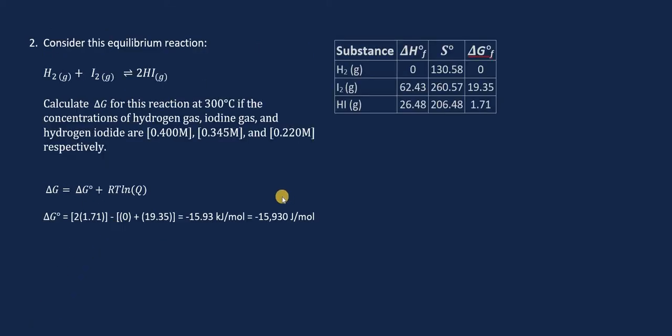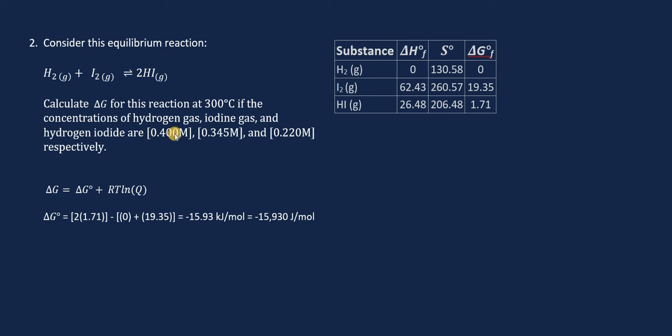So now our question reads, calculate delta G for this reaction, and this is regular delta G, not delta G prime, at 300 degrees Celsius if the concentrations of hydrogen, iodine, and hydrogen iodide are 0.4, 0.345, and 0.220 molar, respectively.